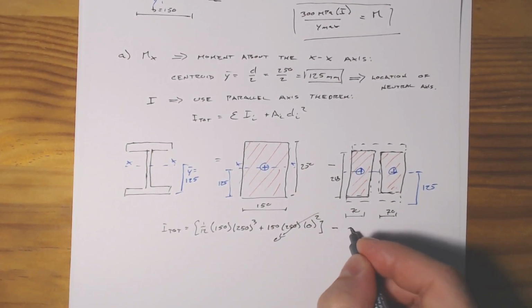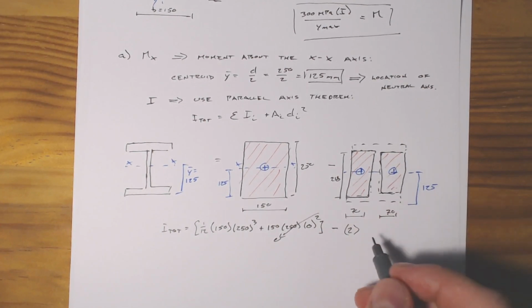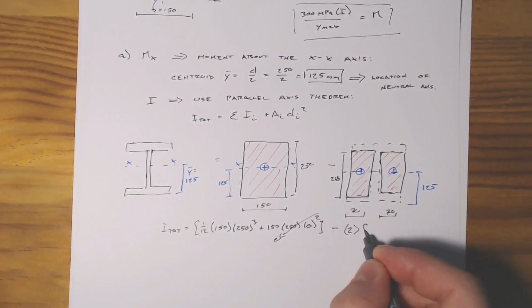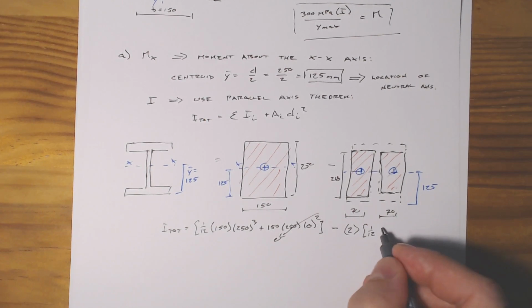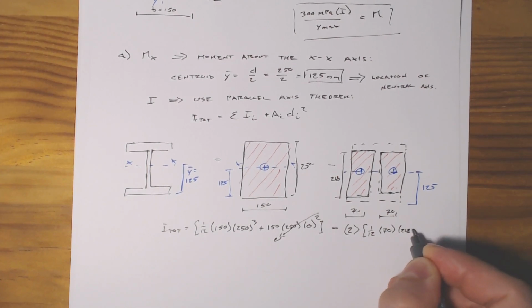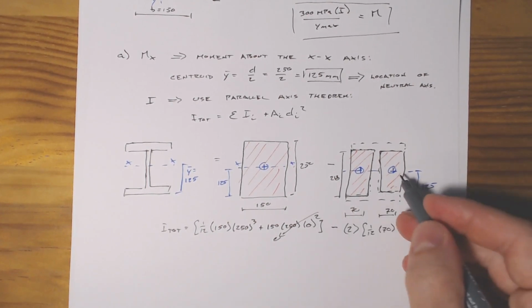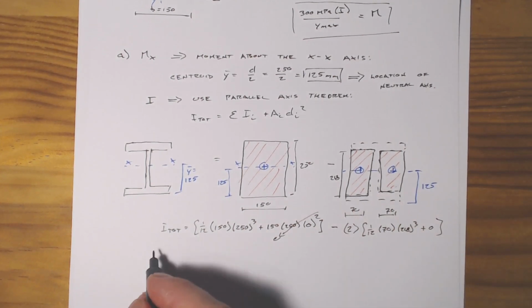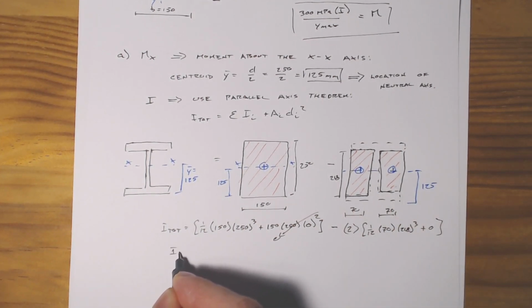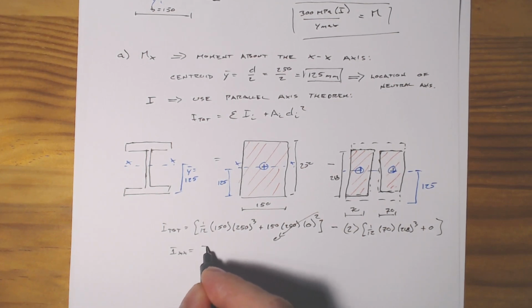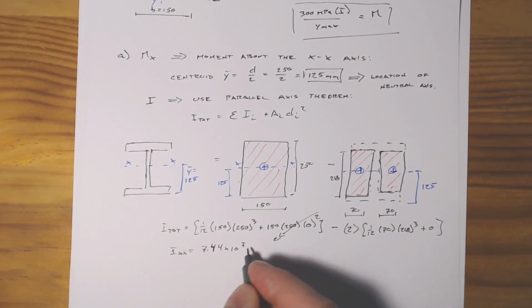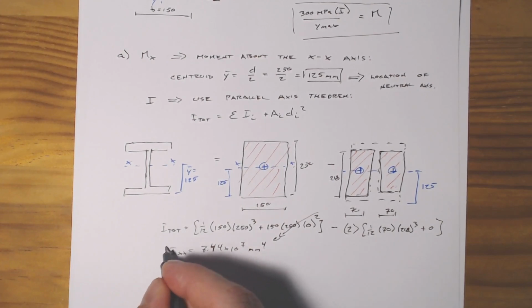Then it's minus 2 times the voids, which is 1 over 12 times 70 times 218 cubed, also plus 0, because the distance between the centroid of these voids and the centroid of the whole thing is 0. If we have all of that, we work out that Ixx equals 7.44 times 10 to the 7th millimeters to the 4th.